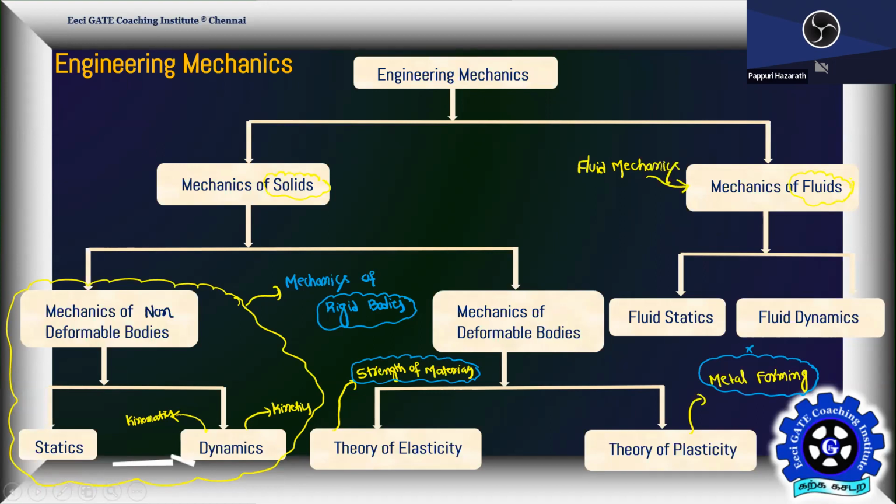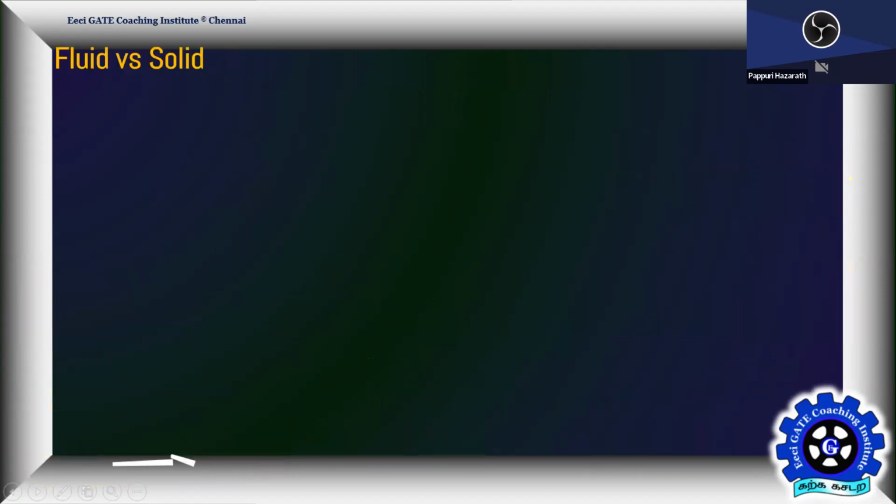Actually, the introduction to engineering mechanics, why I built this particular class, is just to give some fundas to clear the interviews. Most of the questions now are popularly asked interview questions. So now tell me, what is the difference between fluid and solid? Anyone?